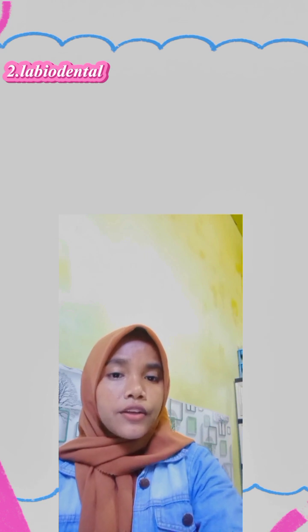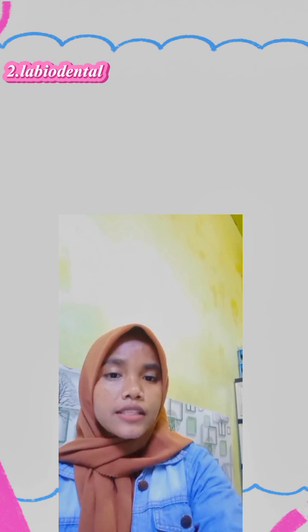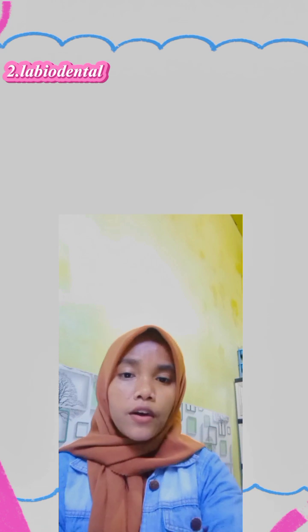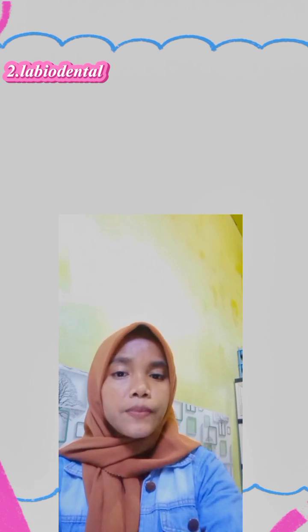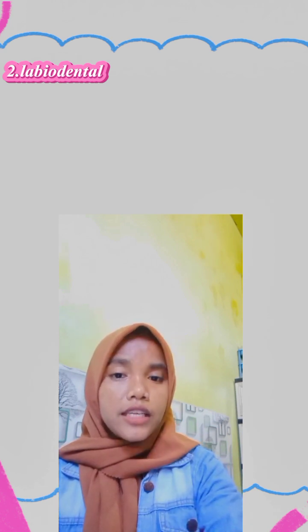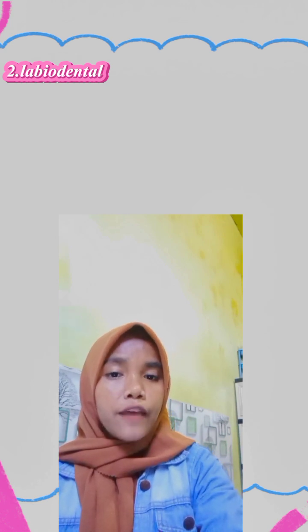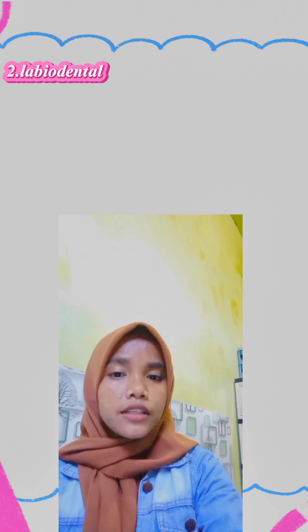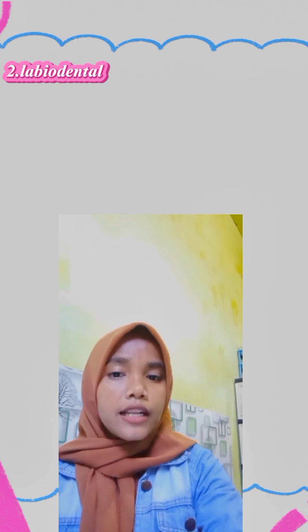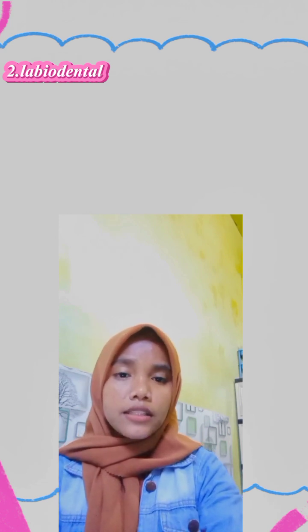Next up we have the labiodental sound. Now, you can see already in the word that it means lips and teeth. If you have a look at the cross section, it's not both lips or both sets of teeth. It's respectively the lower lip and the upper teeth.